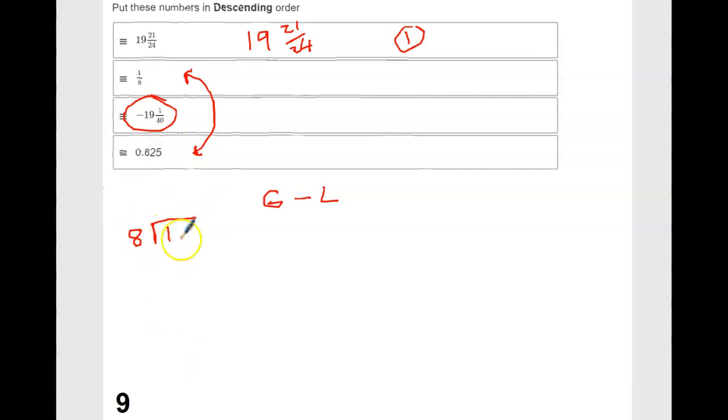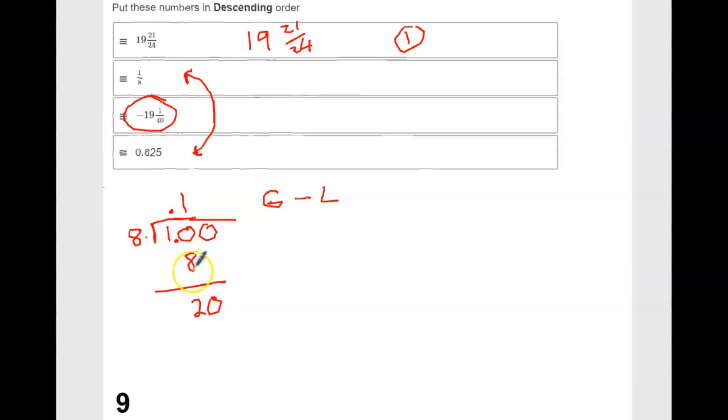So how many times can 8 go into 1? I'm going to turn this into a decimal with some zeros after it so that I can divide. So 8 can go into 10 one time. 1 times 8, I get 8. 10 minus 8, I get a 2. So I can drop more zeros down. I can keep adding zeros to this as long as I need to.